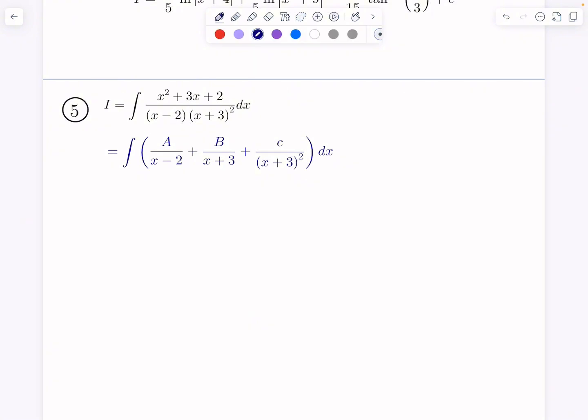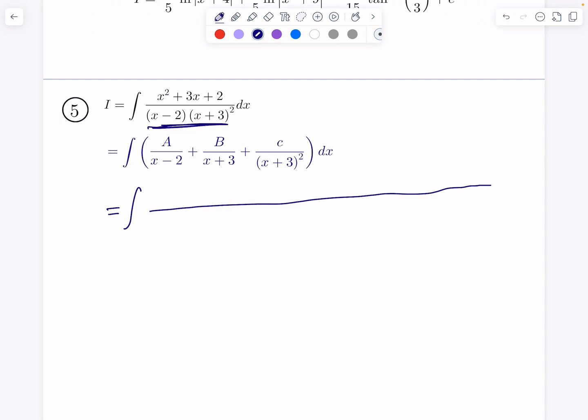Yes, now it's better to some extent. Let me smoothen the size and move it to the left. Okay, now we're having this one. So we're gonna find the common denominator to convert it to this form.